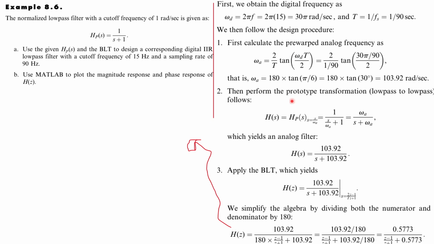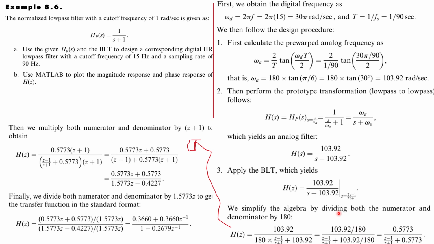Then in H(s) you can replace the value of s, so that you get the prototype transformation, then you can apply BLT, and then you can get the value of H(z). Finally you can convert back into the values, and you can simplify and you will get the value of H(z), that is the transformation.